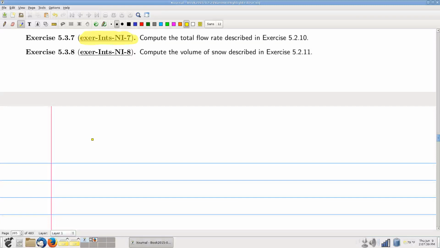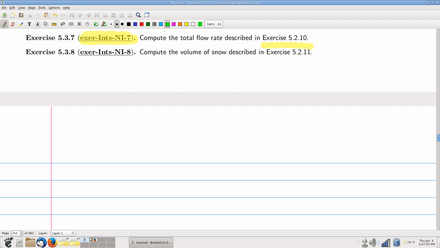Let's see. So we've got this. We're looking for the total flow rate in this previous exercise. We've got this function s of x comma y.